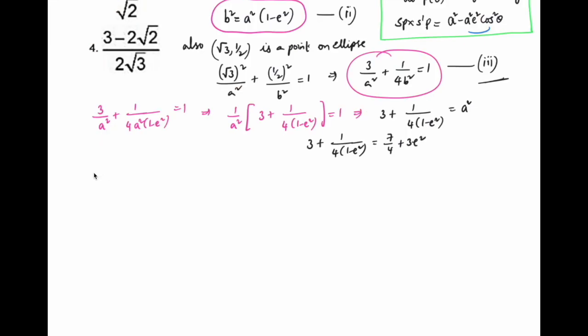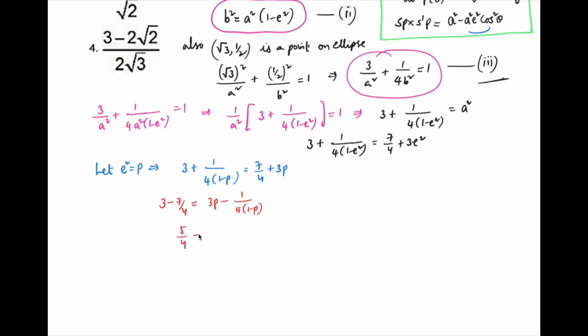For our convenience, let e square be equal to P. So that we can write 3 plus 1 upon 4 times (1 minus P) is equal to 7 by 4 plus 3P. Simplifying, 3 minus 7 by 4 is equal to 3P minus 1 upon 4 times (1 minus P).